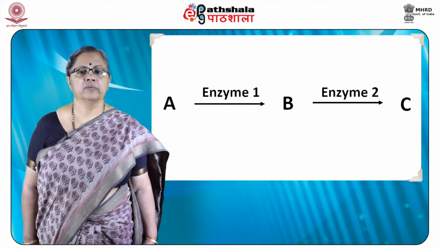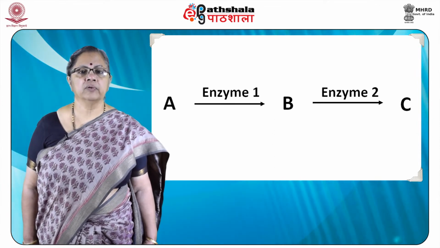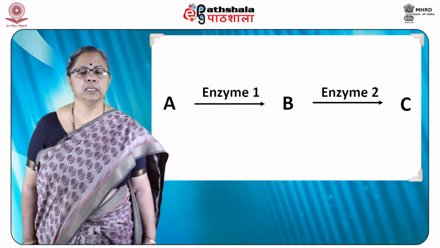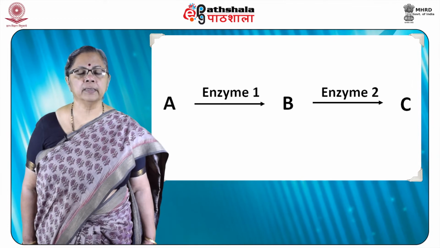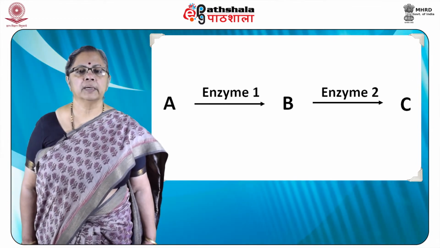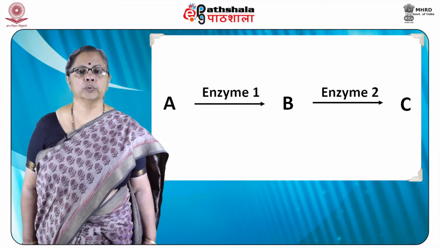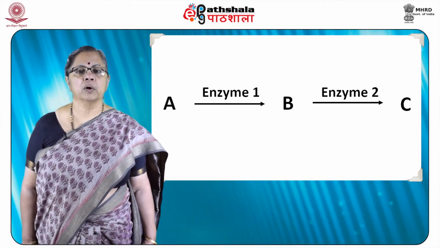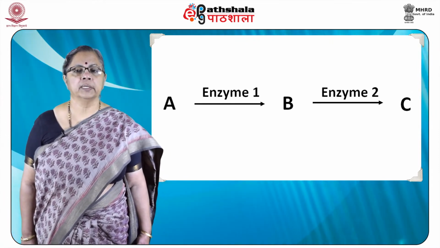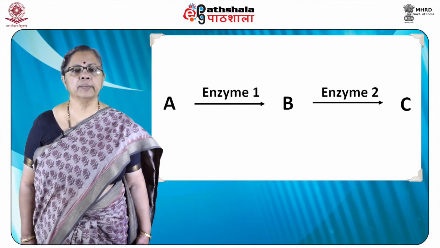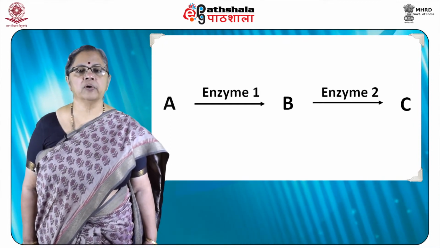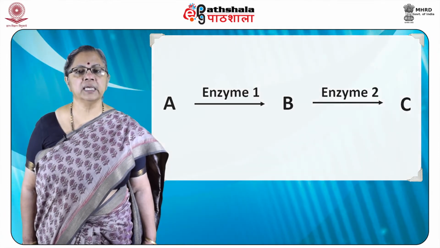The scheme for such a coupled assay would be: A gives rise to B by the first enzyme, enzyme 1, and B gives rise to the product C by the second enzyme, enzyme 2. The measurement of the unstable product B could be avoided by measuring the more stable product C, as long as the stoichiometry of B and C is equivalent.